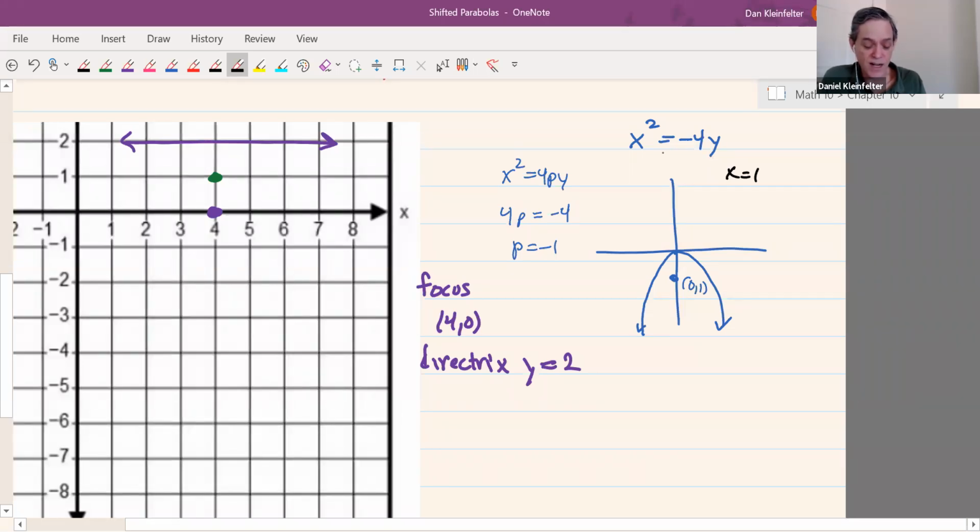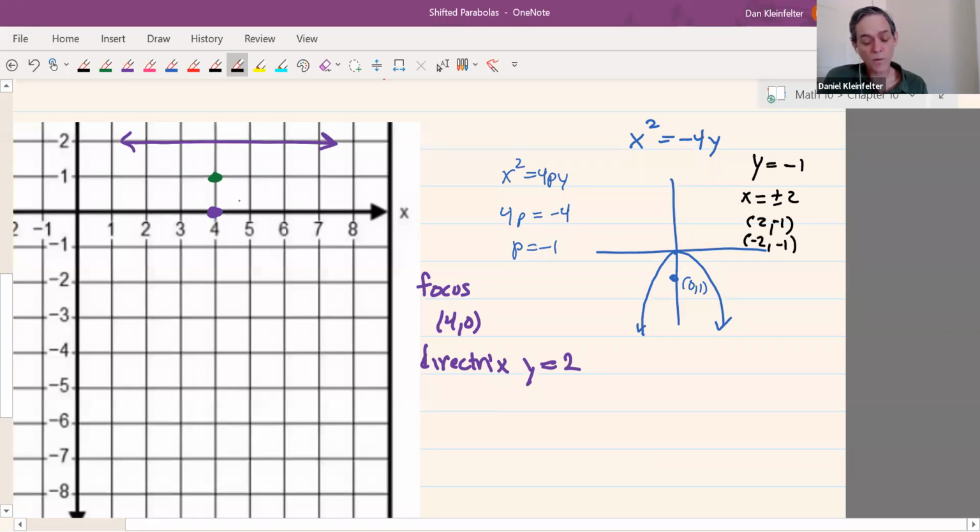And there's nothing wrong with fractions, although it's going to make my picture a little harder to deal with. So instead, let's make y be negative 1. If y is negative 1, then the right side will be positive 4, and so x will be plus or minus 2. So the points 2, negative 1, and negative 2, negative 1 would be on the graph of our parabola on the right.